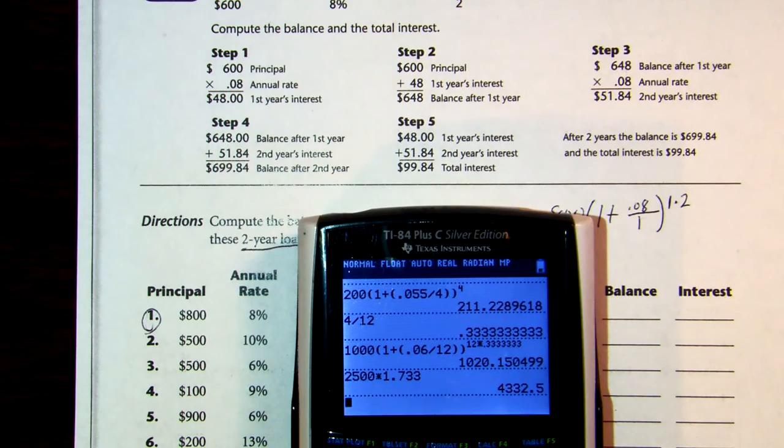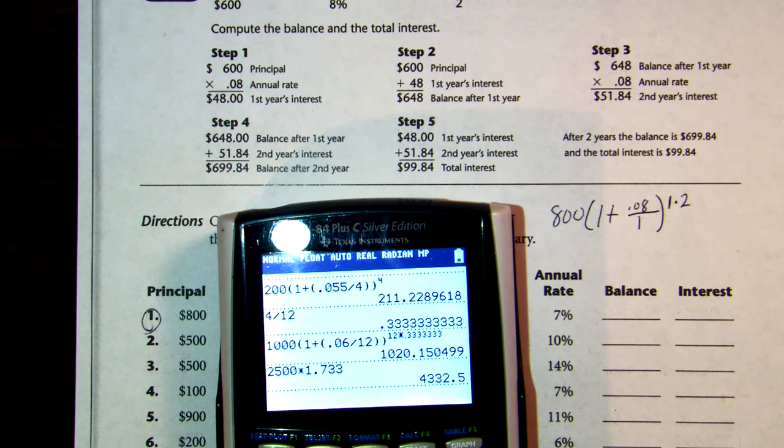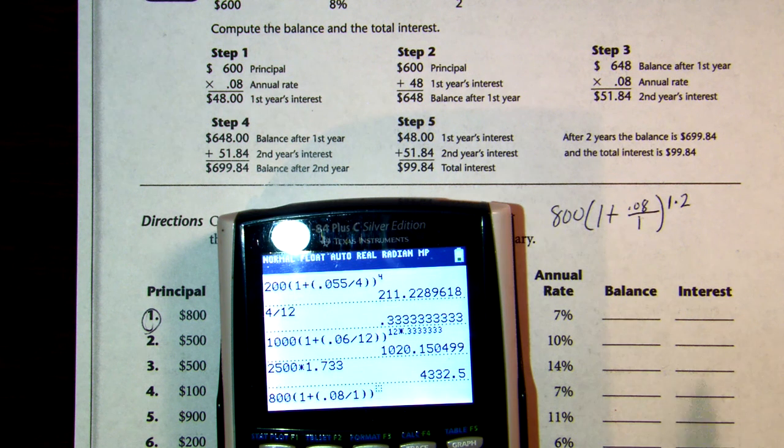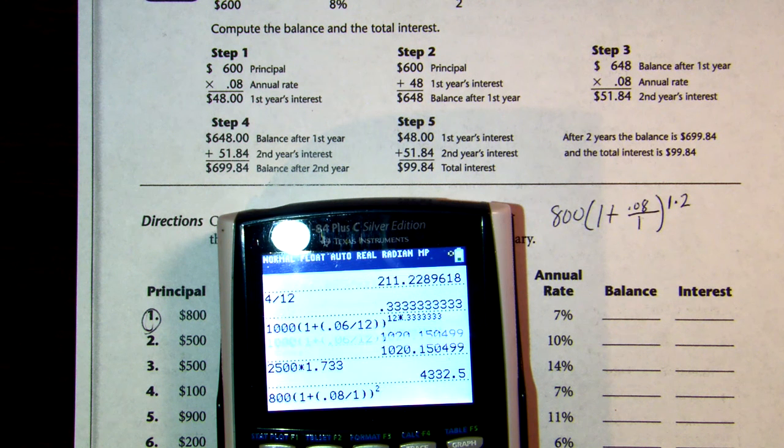So go to our calculator. It's going to be 800, parenthesis, 1 plus, parenthesis, 0.08 divided by 1, close it again, to the 1 times 2, which we said was 2. Hit enter.